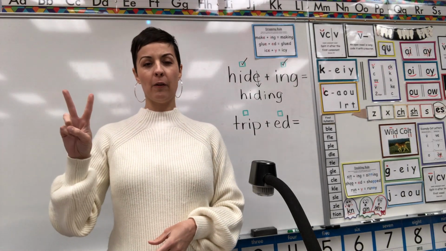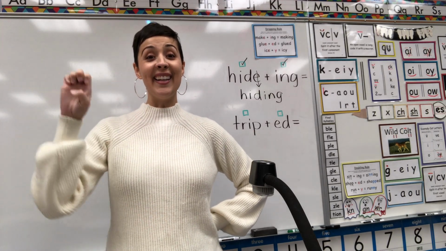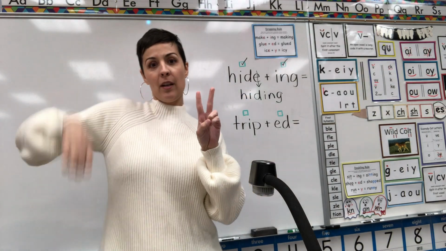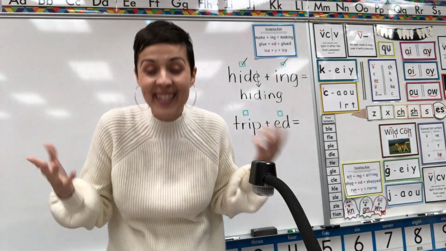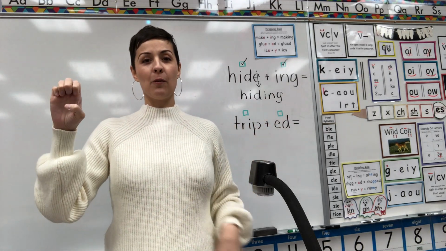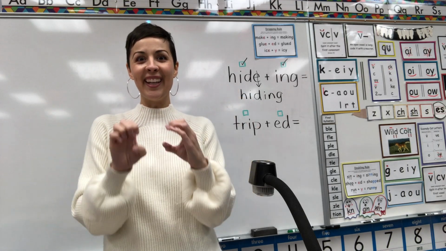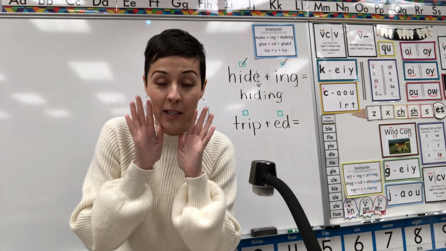We have to know V for vowel and C for consonant. And it goes, if an E comes in front of a vowel suffix, you drop it, but if an E comes in front of a consonant suffix, you leave it. Because we only drop the E if it comes in front of the vowel suffix.